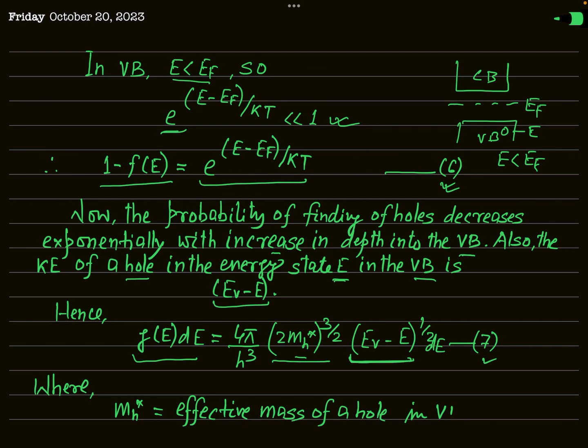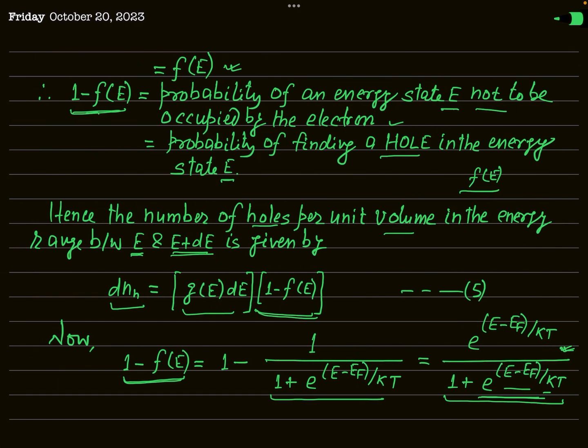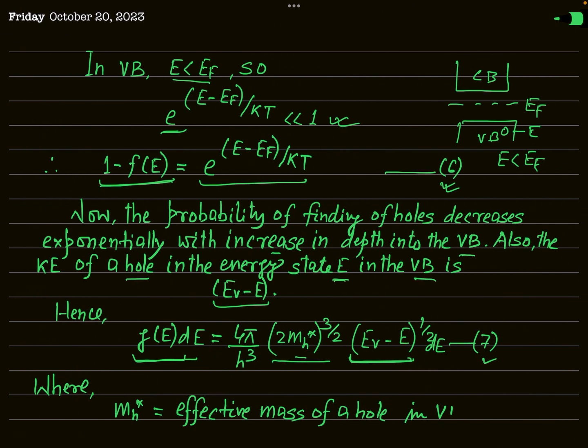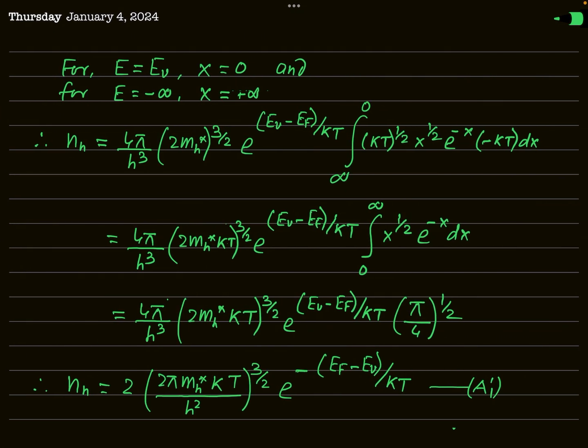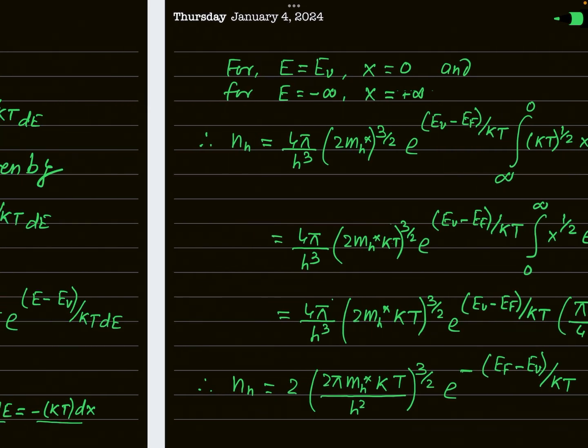When you substitute the values of g(E) dE and 1 minus f(E) in equation number 5, you will get the number of holes per unit volume in the energy range between E and E plus dE in the valence band.